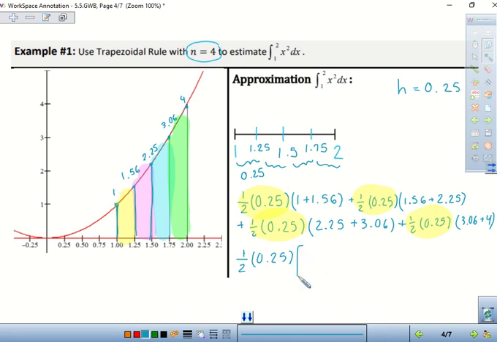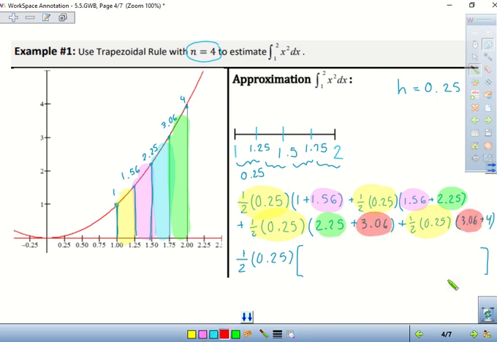Now you could go ahead and do it like this every time, but what you may also notice is, do you see how the number 1.56 comes up twice? And do you see how the number 2.25 comes up twice? And lastly, do you see how the number 3.06 also comes up twice? What do those three numbers have in common in terms of where they are on the graph here?